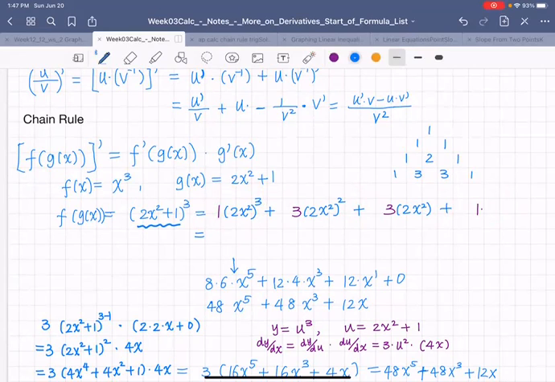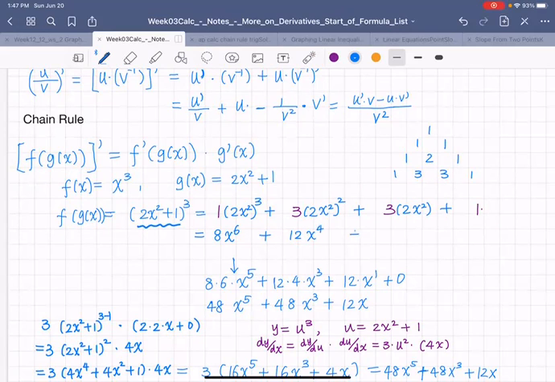8x to the 6. 8x to the power 6 plus... 2 squared is 4, right? Yeah, so 3 times 4 is 12, times 12x to the 4.